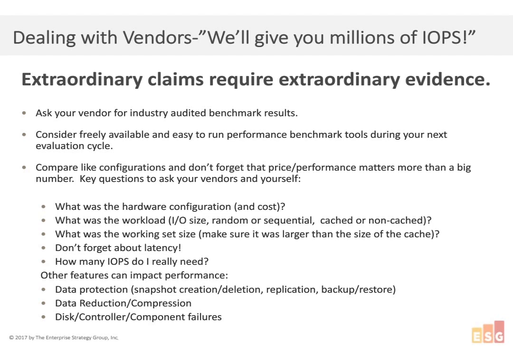Vendors will often post a number for a particular array, and that happens to be for that array when it is stuffed full of all flash, right, and running a highly cacheable workload, right? What workload was run to give you those millions of IOPS? What was the working set size? And a working set is just basically how much data the benchmark is using to generate that workload.